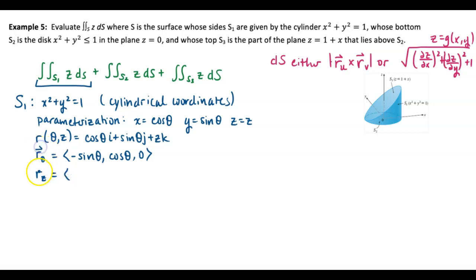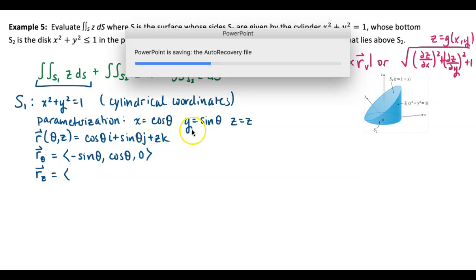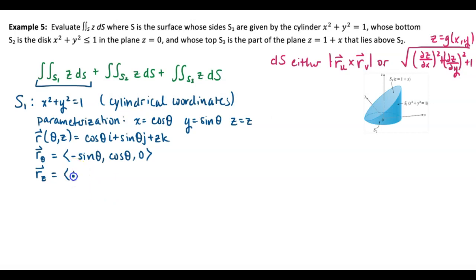Because these are vectors, I just want to make sure I'm being consistent here. The partial with respect to z is just equal to, treating theta as a constant, both my x and y terms are going to be 0. The derivative of z is just 1. And so we can already see that this is probably going to simplify that cross product a good bit.